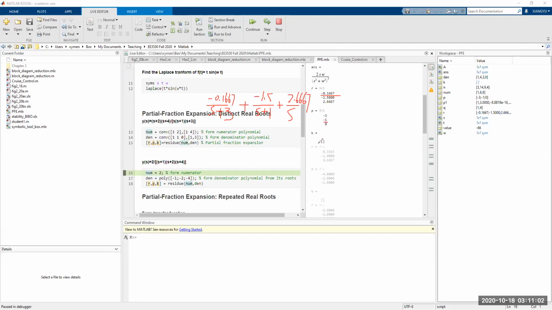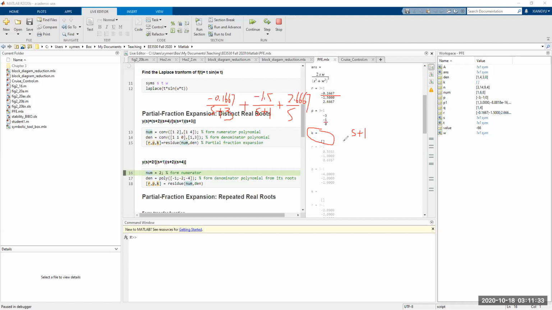Then what's K here? In control systems, K is usually empty. K only appears when the order of the numerator is greater than the order of the denominator. Then we have some polynomial for K, for example, s plus 1.